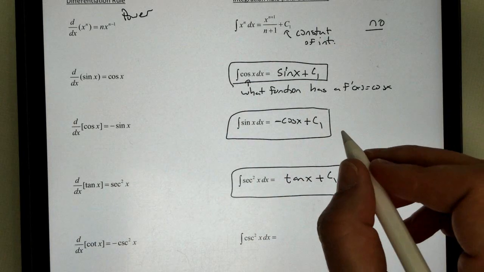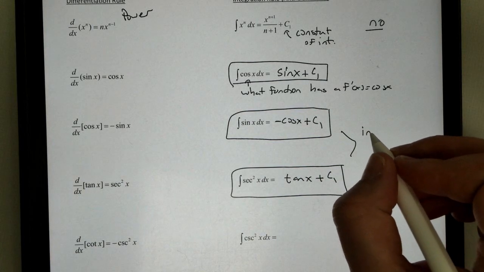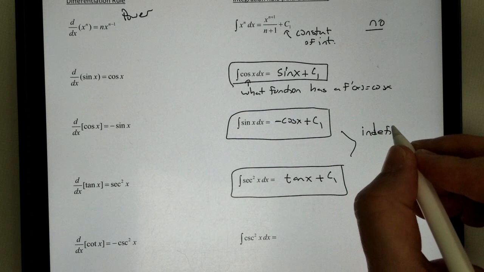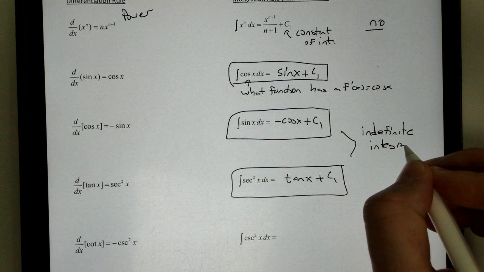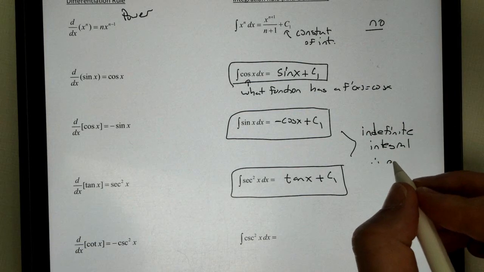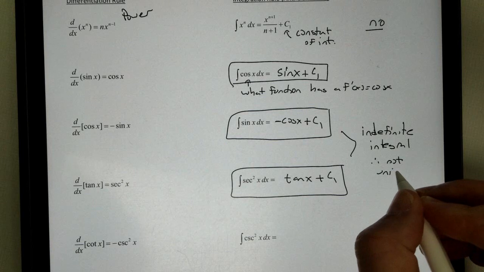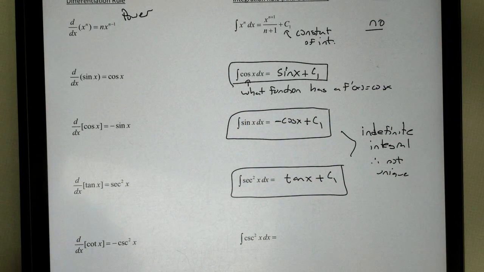Now remember, these have special names. Because of that plus c, we call these an indefinite integral. And are these unique? And the answer is no. So therefore we say these are not, again, unique. None of these with a plus c would be considered unique.